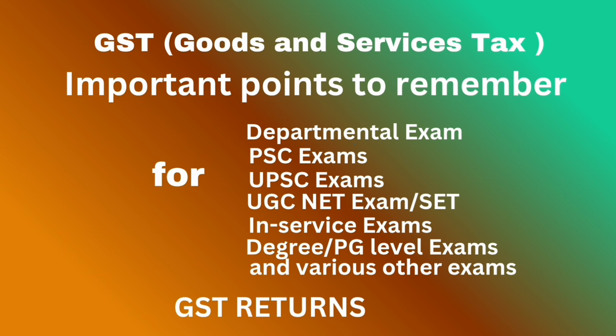Then next, details to be furnished in GSTR 1: outward taxable supplies. There are two parts, B2B supplies and B2C supplies. In the case of B2B supplies, there are interstate supplies and intrastate supplies. For both, invoice-wise details of all supplies are to be uploaded. In the case of B2C supplies, there are two categories, interstate and intrastate supplies.